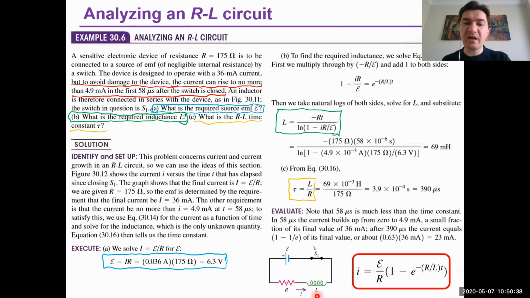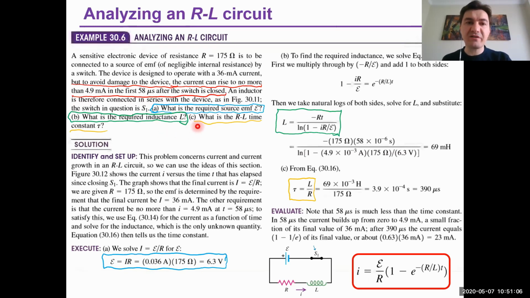This is the main aim of the inductor in the circuits. So you save the circuit, you save the devices by using inductors. So we would like to limit the current to 4.9 milliamp for the first 58 microseconds after the switch is closed. So an inductor is therefore connected in series with the device.